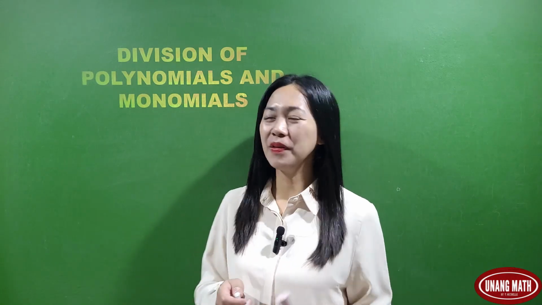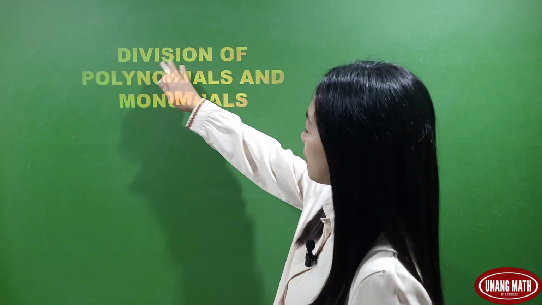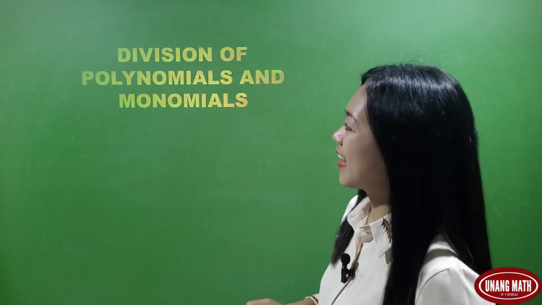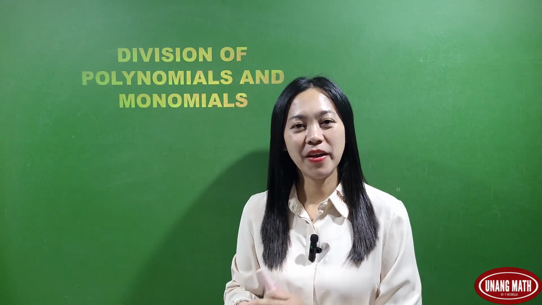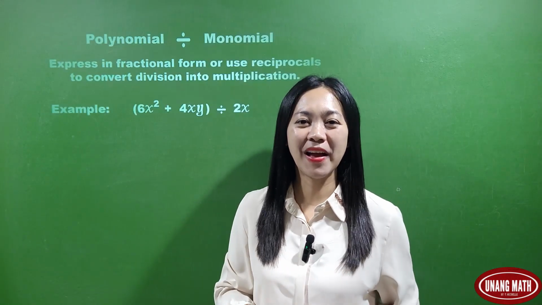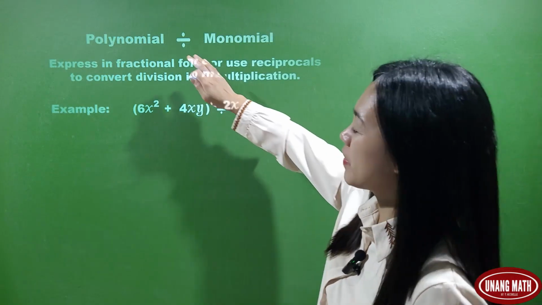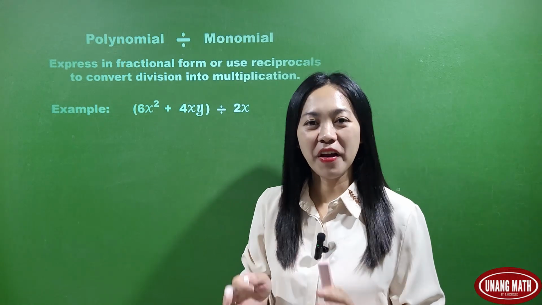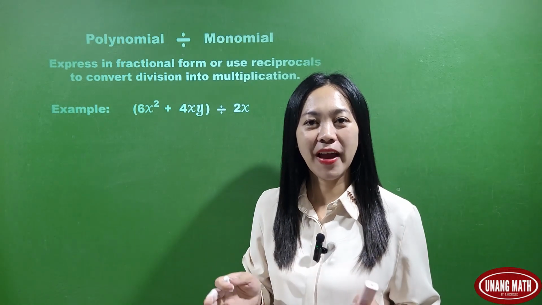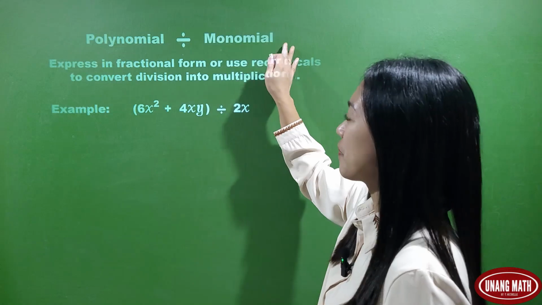For this episode, our lesson is division of polynomials and monomials. We already studied how to divide a monomial by another monomial. This time, we will be dividing a polynomial by a monomial. There are two ways to divide a polynomial by a monomial.